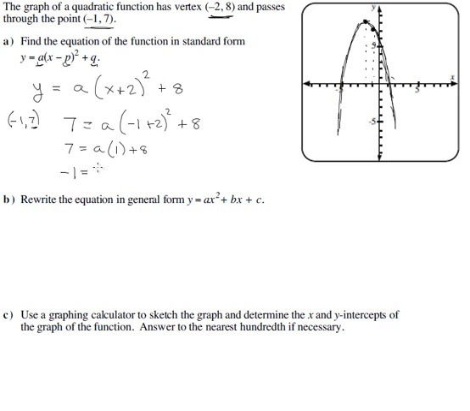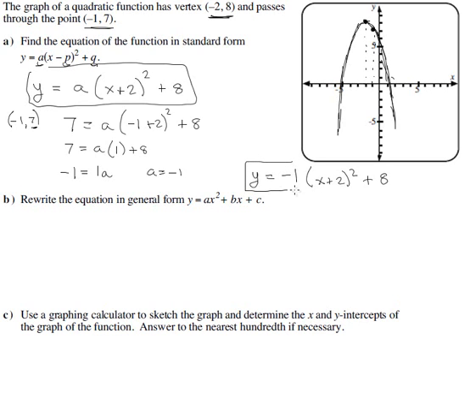Negative 1 equals 1a, and the 1 is just fluff. You can just say that a is negative 1. So I'll rewrite this one more time now that we know what a is. The complete finished version is y equals negative 1 times (x plus 2) all squared plus 8. If you just wanted to write a negative here instead of a negative 1, that also would be okay.